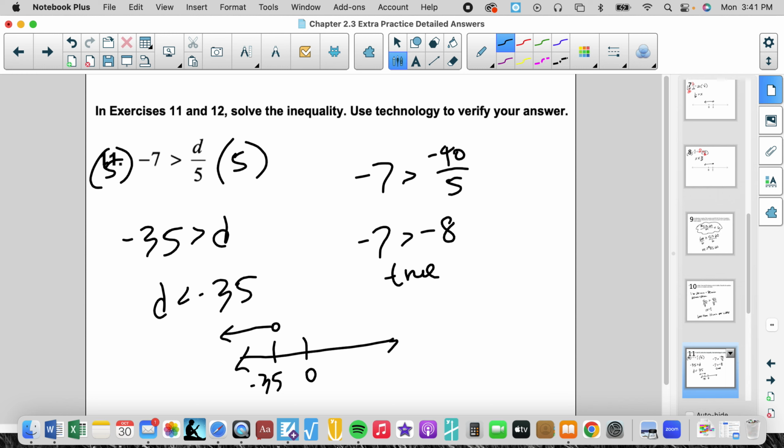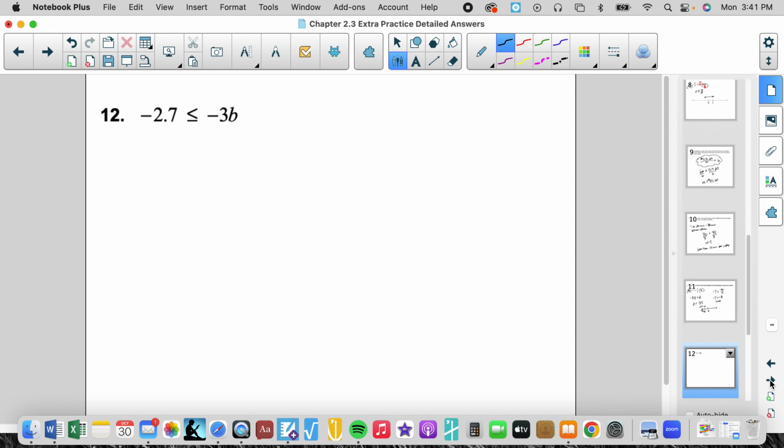Negative 7 is greater than negative 8, so I know that this is true. I plugged in negative 40, that's true, and then I would try 35, and then maybe even 30, and you'd get true, false, false. You get false for 35, you get false for 30, so plugging in and doing math, I guess? That's how I would use technology.